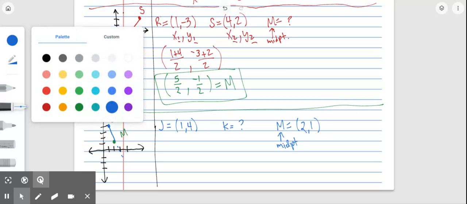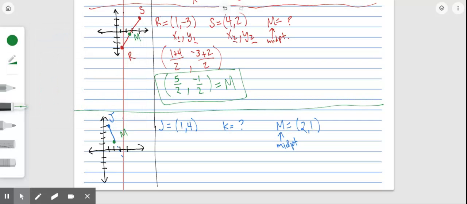So this time I'm going to set up a really interesting equation. I'm going to use the x1 plus x2 divided by 2, comma, y1 plus y2 divided by 2. And I'm going to try and solve. So if J is my first coordinate, I'm going to call that x1 and y1.